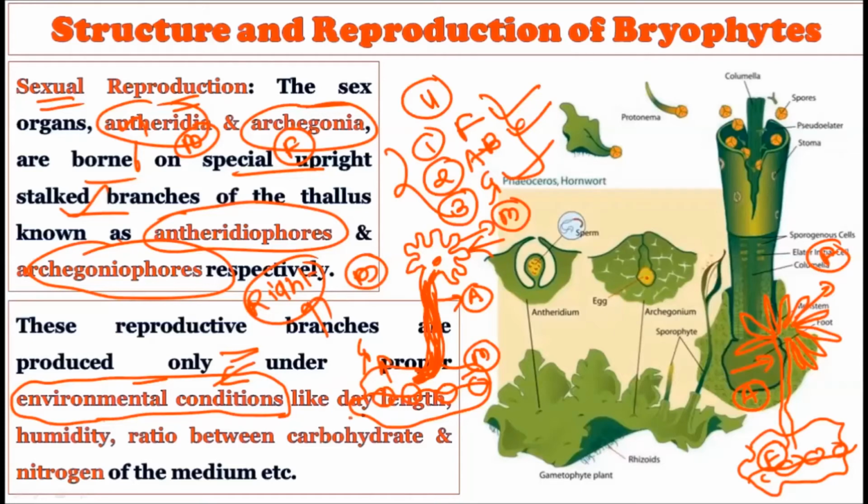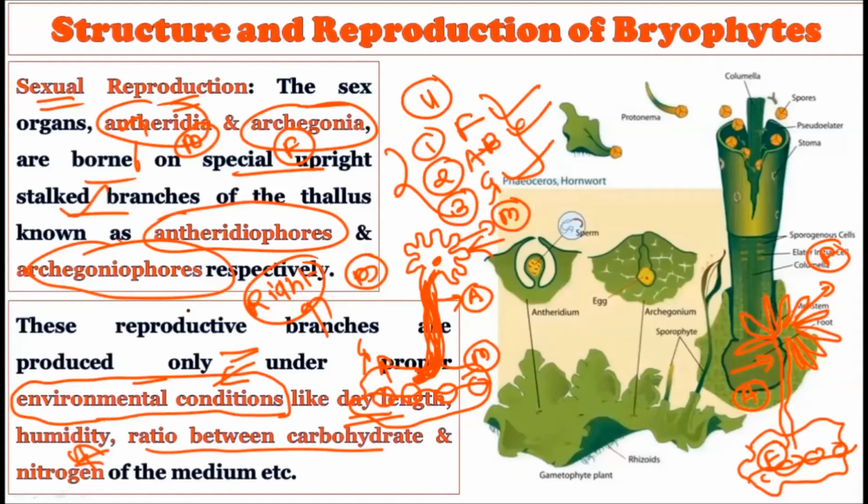See, consider the factors like day length. Okay, that is how the day length is there in the angiospermic plants. We largely study the short day plant, long day plant, but this day length is always affecting all kinds of plants. Okay, their reproductive strategies, not only in the animal but also in the plants, are affected by the day length. Then what amount of humidity is in the air? Then what is the ratio between the carbohydrate and nitrogen of the medium?